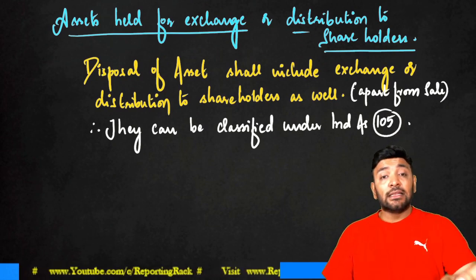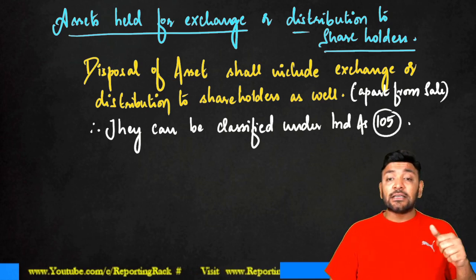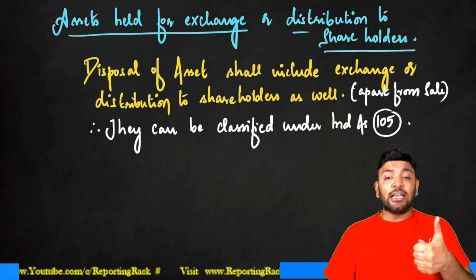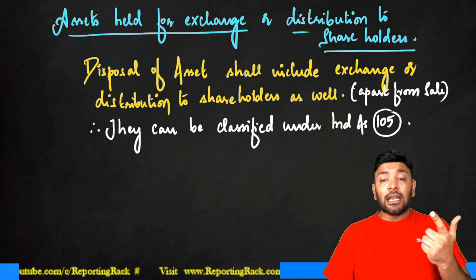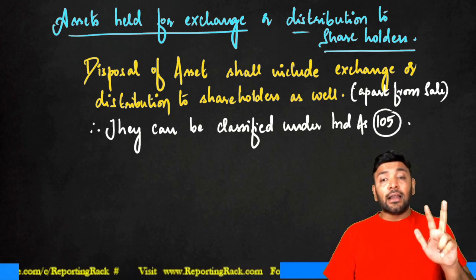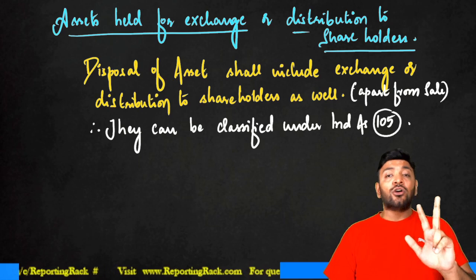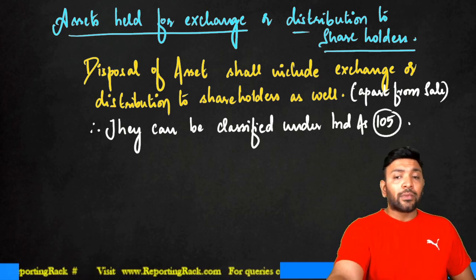That's it. These are the three things that I wanted to discuss. First one is your subsidiary, disposal of interest in subsidiary. Number 2 is abandonment. Number 3 is asset held for exchange or distribution to shareholders.